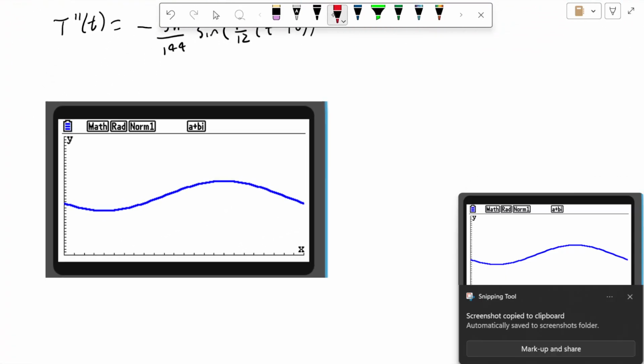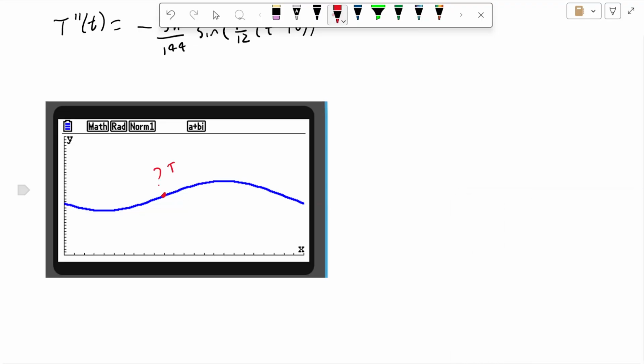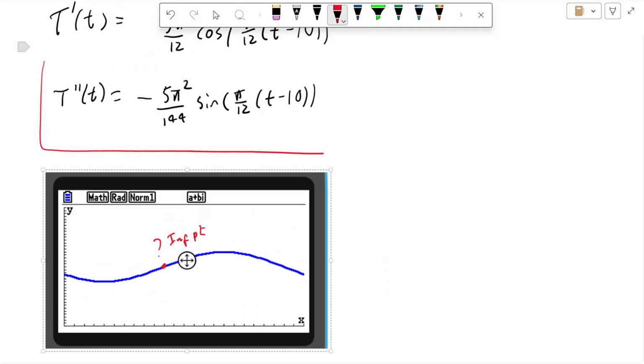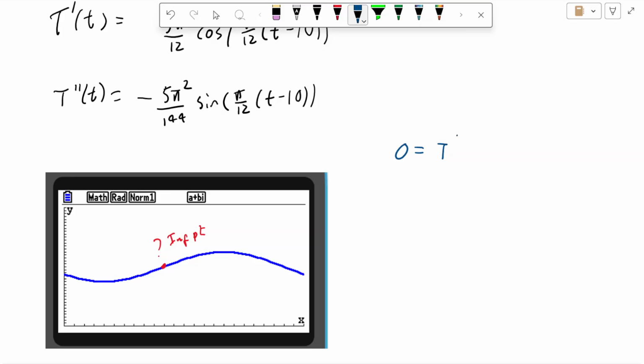So I would like to find that inflection point, and that's probably why they've asked us to find t''. All right, so let's work with that. We'd like to solve for 0 equals t''. So 0 is minus 5 pi squared over 144 sine of pi over 12, t take 10.